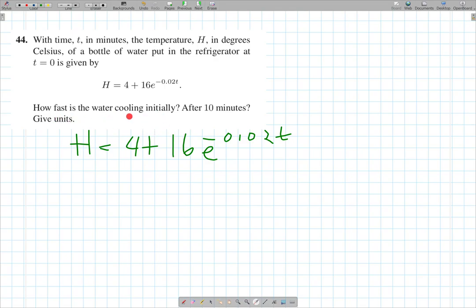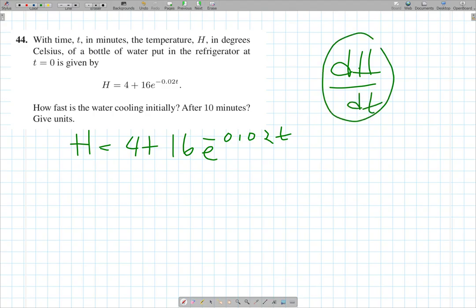How fast is the water cooling initially? Actually, we are looking, class, for dH over dt. So that is the given equation. How will you solve for dH over dt?